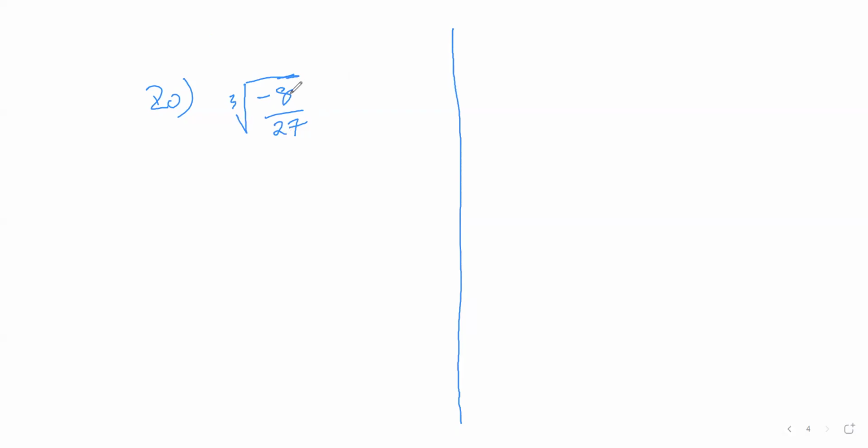So I ask myself, 8 can be written as the cube of what? -8 in particular can be written as the cube of -2, while 27 can be written as the cube of 3, right? So therefore, this expression is just the same as the cube root of (-2 over 3) all cubed.